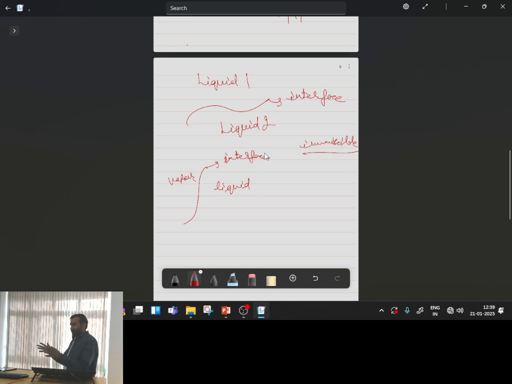See, for example, if you have a container with water at the bottom and oil at the top, then in between water and oil the interface will look like a 2D plane. But sir, let's say we are talking about cylindrical. Yes. Let's say this is a cylinder.